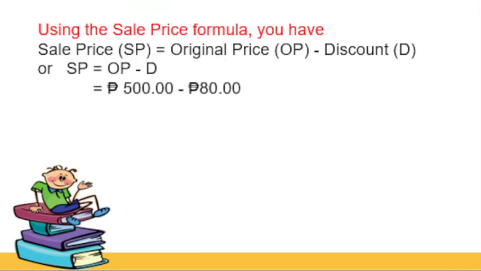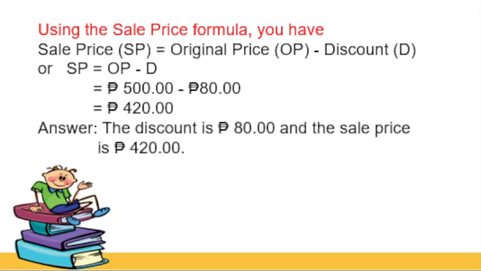We are looking for 500, the original price, minus the 80, which is the discount, that is equals to 420. So the answer is the discount is 80 and the sale price is 420 pesos only.